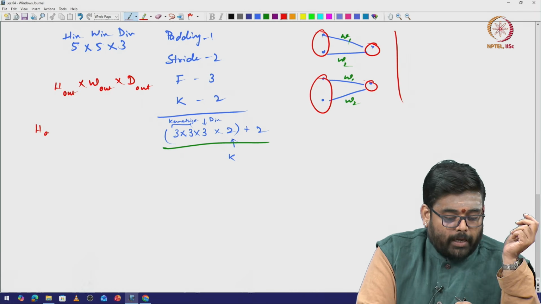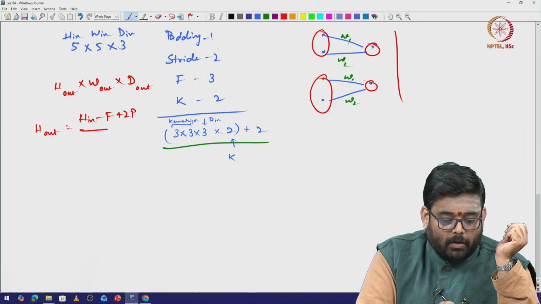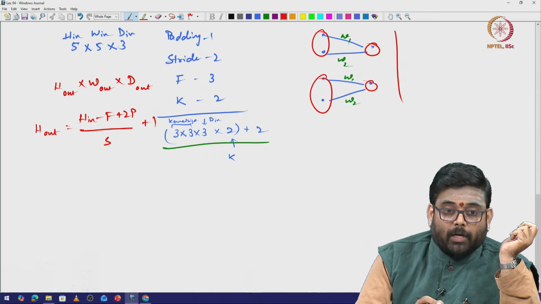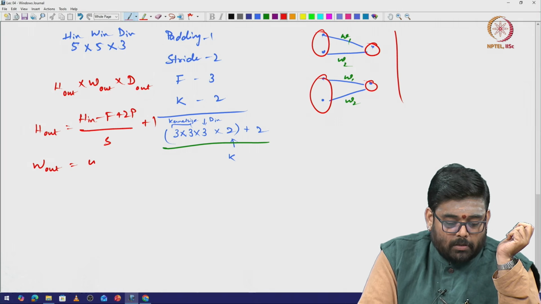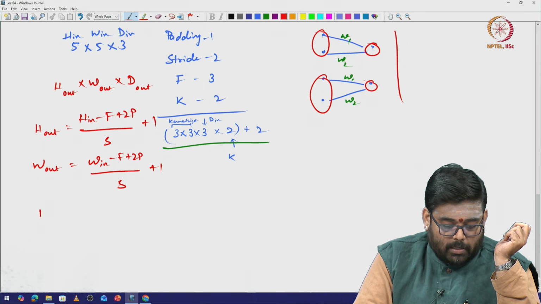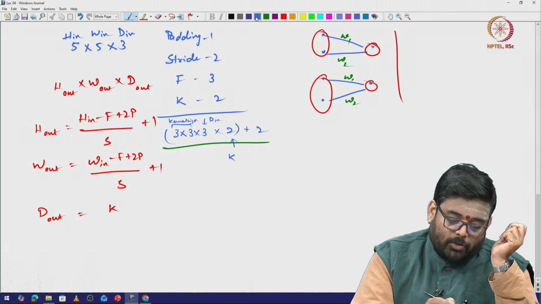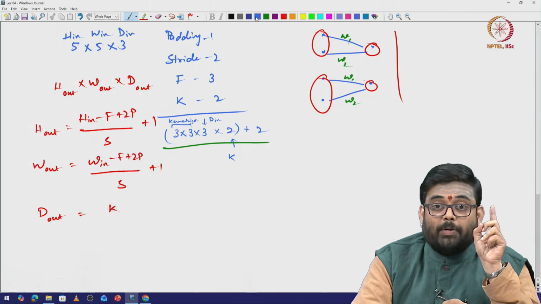H out equals (H in minus F plus 2P) divided by S, plus 1. Similarly, W out equals (W in minus F plus 2P) divided by S, plus 1, and D out will be K. Now if I substitute this, for H in you should consider the pre-padded size.